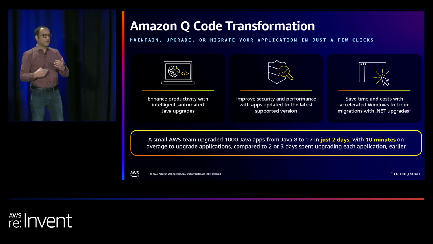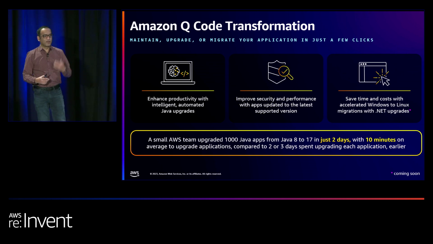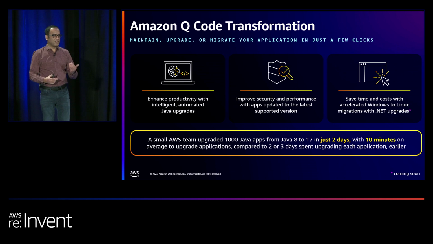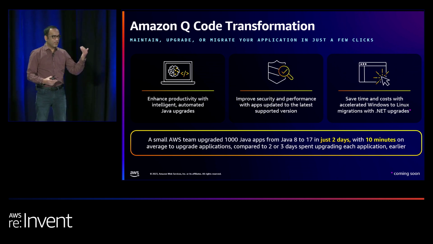Now typically, very, very conservatively, each one of those applications would have taken 2 to 3 days. Frankly, from my experience, anything takes about a week, but conservatively, it would have taken 2 to 3 days. So doing 1,000 applications means almost 10 years of SDE effort we saved, we got the equivalent of that in just 2 days.